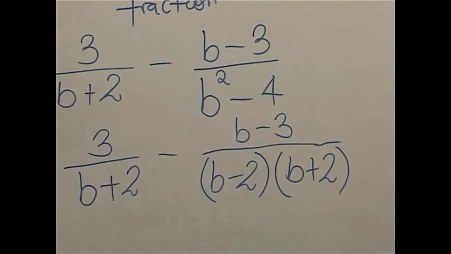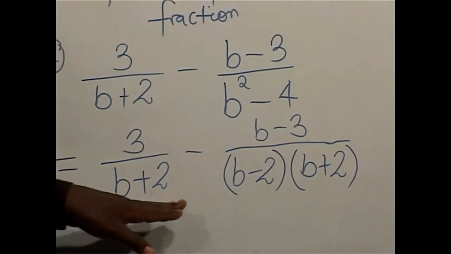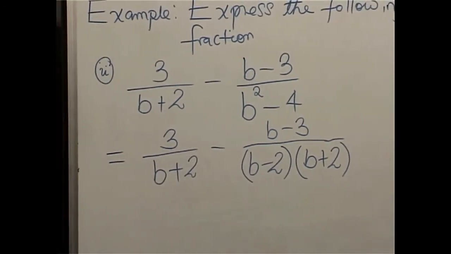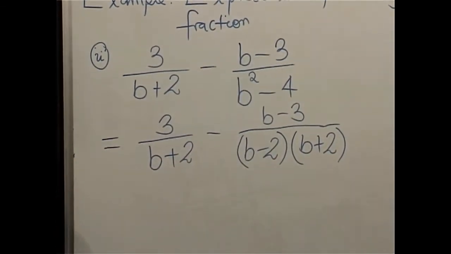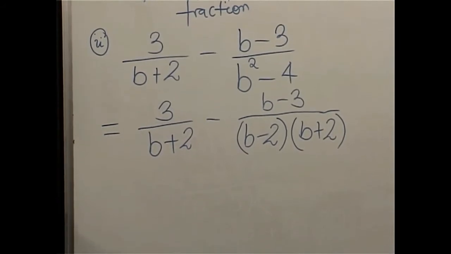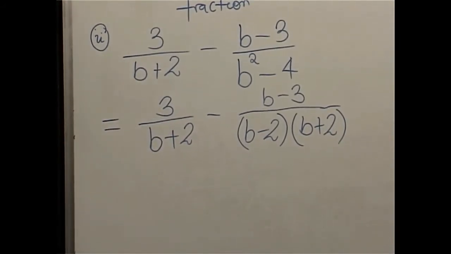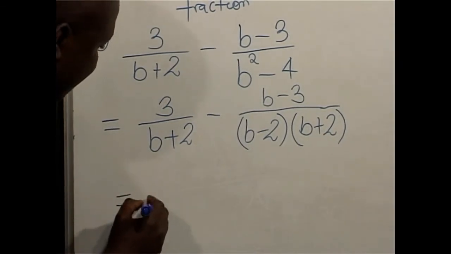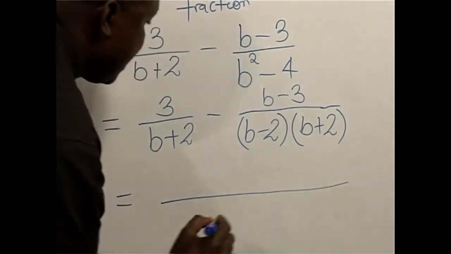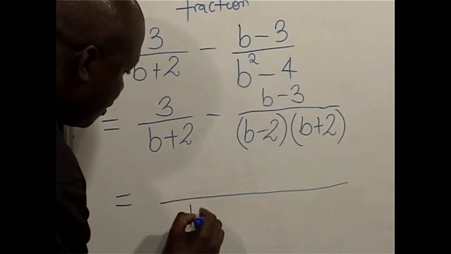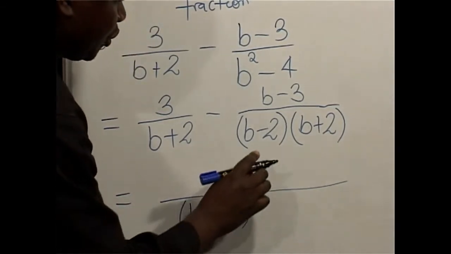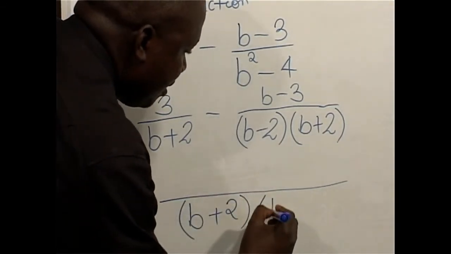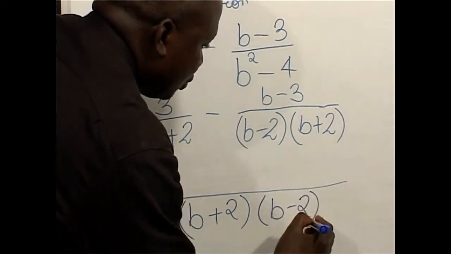And like what we said when we were looking at common fractions, when we now look at the two denominators, if we have a factor which is appearing in the first one and is repeated in the second denominator, it shouldn't be captured a second time. Meaning, our lowest common denominator is going to come out as the product of b plus 2 multiplied by b minus 2.